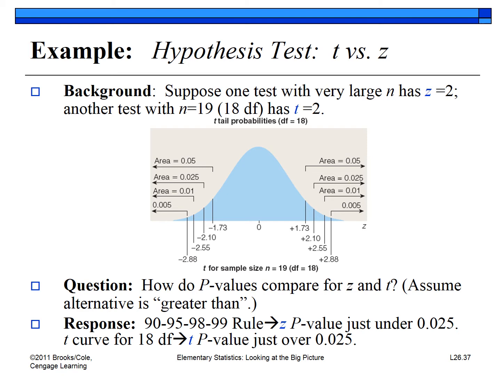That's because there's 95% of the area inside 2 standard deviations from the mean, so there's 5% outside 2 standard deviations from the mean. For the t distribution with 18 degrees of freedom, the p-value is a little bit bigger than 0.025.